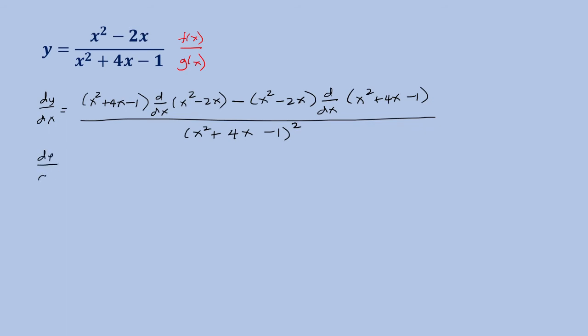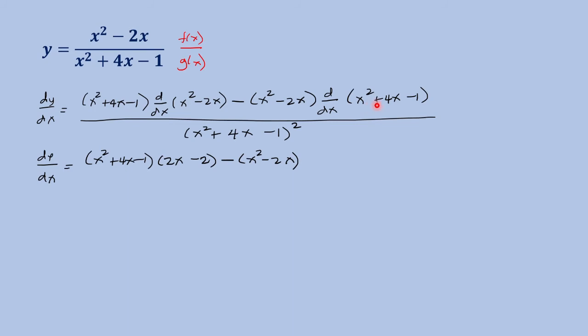So let us get the derivative of f of x and g of x. Here we have x squared plus 4x minus 1. The derivative of x squared minus 2x is 2x minus 2 minus, so let us copy x squared minus 2x.